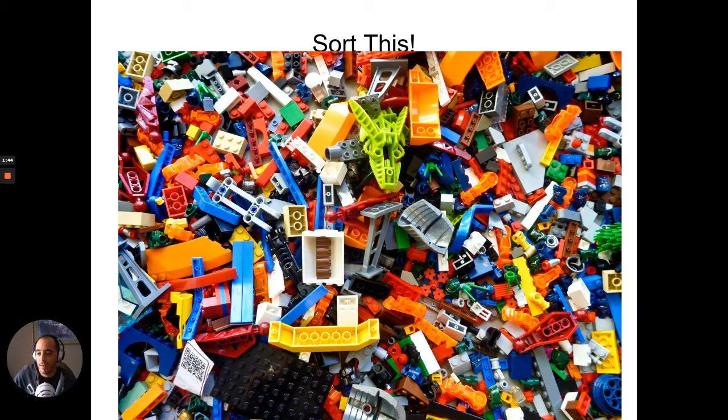So if I decide that I'm going to sort this by color, am I going to look for all the green ones first? Or am I going to just take this and make a smaller group and sort that smaller group and then grab another set and then sort that smaller group and so on. And so on one side you have to decide what criteria am I going to use, and on the other side you need to think about, okay, what's the strategy I'm going to use to actually sort these based on the criteria that I have chosen.